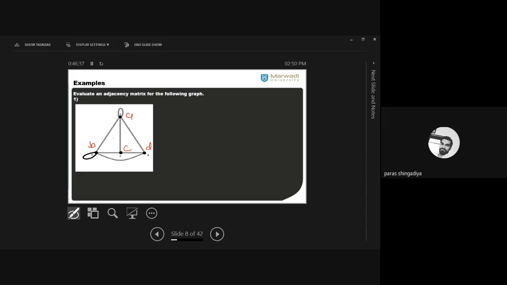Okay. So how many vertices are there? 4 vertices. So what will be the order of the matrix? 4. Okay. 4 by 4. 4 rows and 4 columns. So let's try it. You have to draw a 4 by 4 matrix. That is A, B, C, D, and also mention A, B, C, D here.